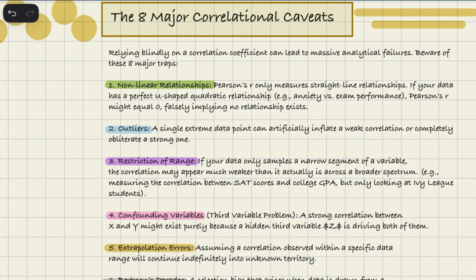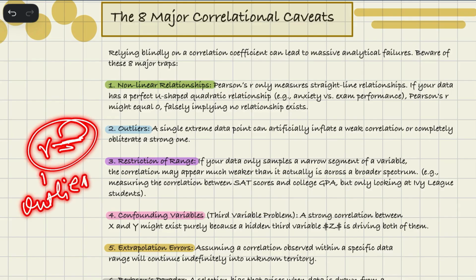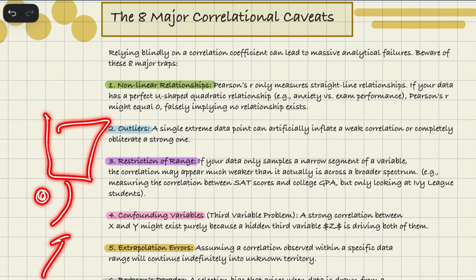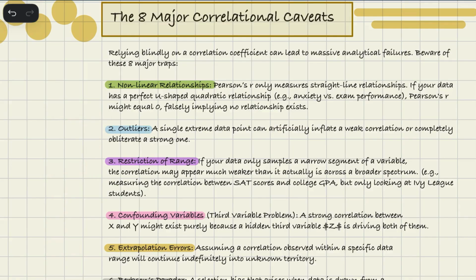And then the second is outliers. So Pearson's R is highly sensitive to the extreme values. It is highly sensitive to outliers. Alright, so a single value, a single anomaly sitting far away from the rest of the data, can inflate a weak correlation, or it can take a beautifully tight correlation into complete arbitrariness.